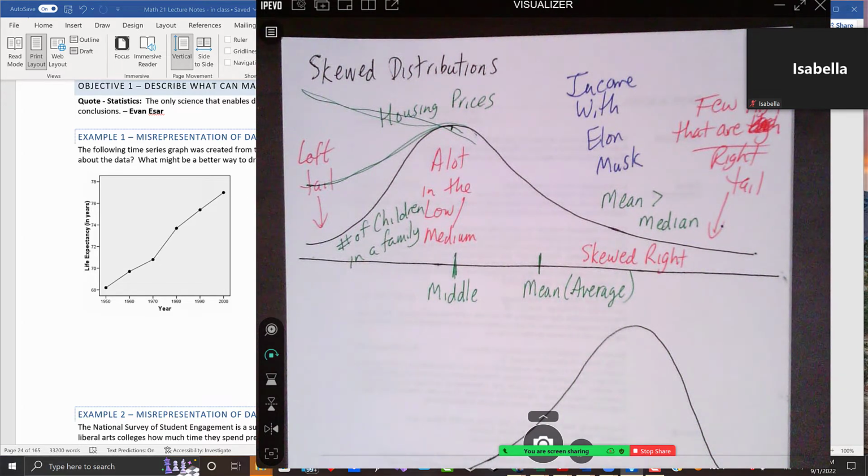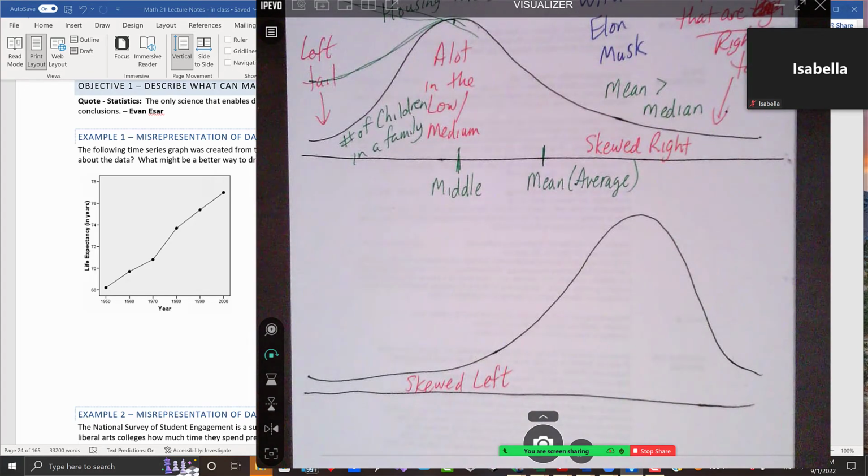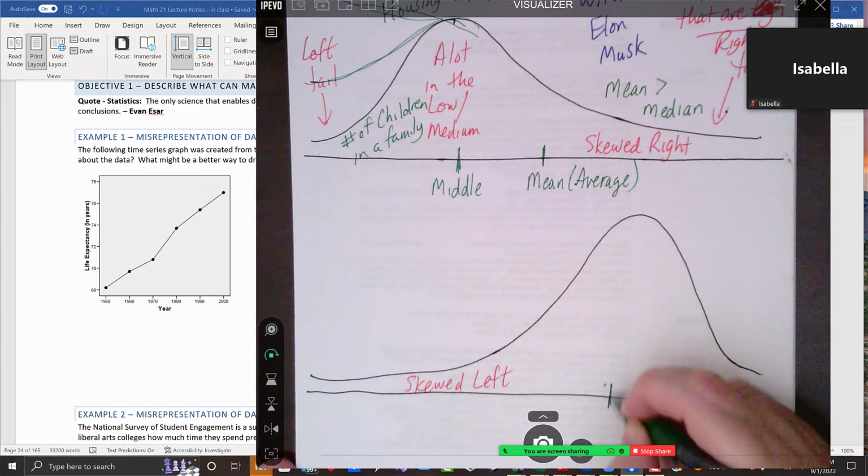Skewed left goes the opposite way. So the median is still here, middle or median.